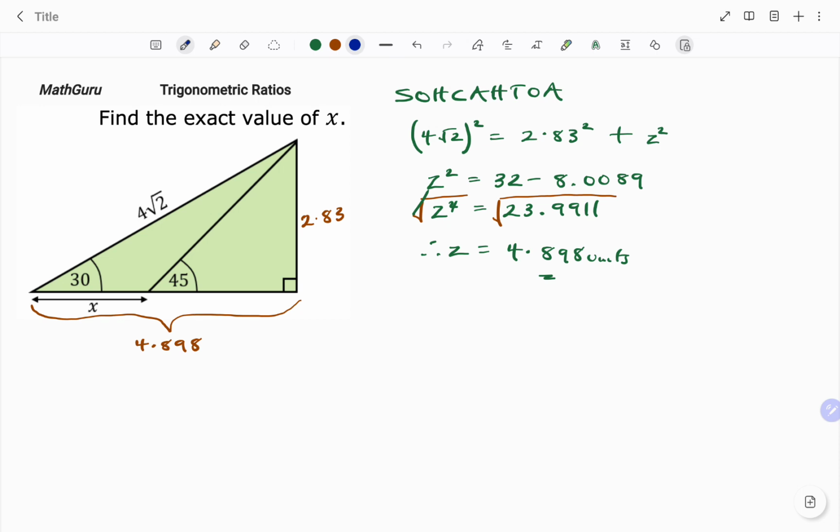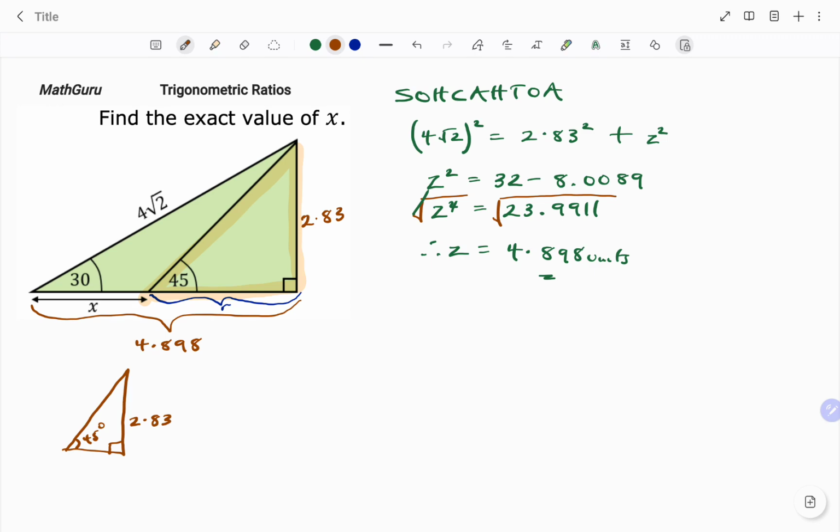The next step is I'm going to find the length of the part highlighted. I'm going to call that my r. To find that, I'm using the smaller right angle triangle as shown. The smaller right angle triangle has angle 45 degrees, and I have the side 2.83.